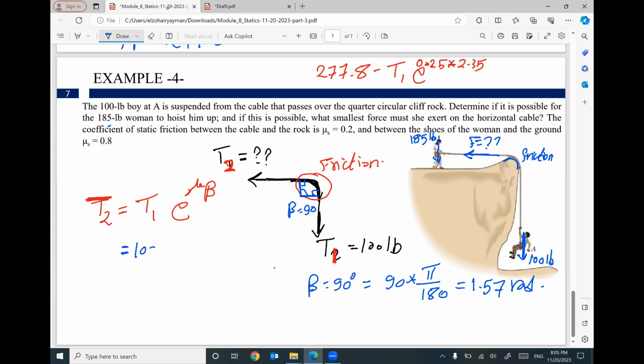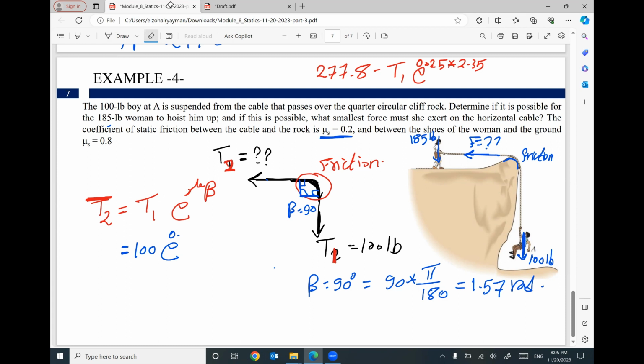T1 equal 100 pound, e to power mu 0.8. Wait a moment. The coefficient of static friction between the cable and the rock is 0.2, not 0.8. 0.8 is something else, because it looks like we have two values for the friction coefficient.